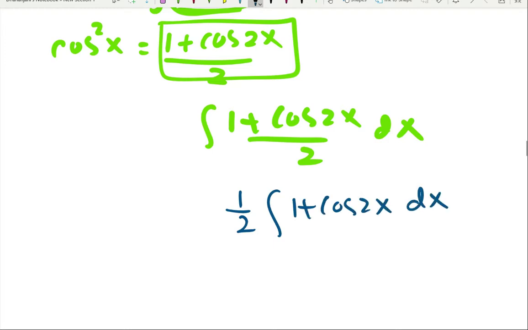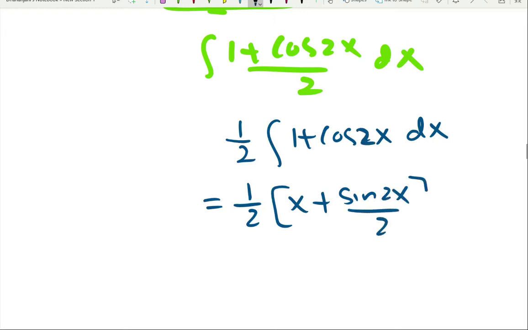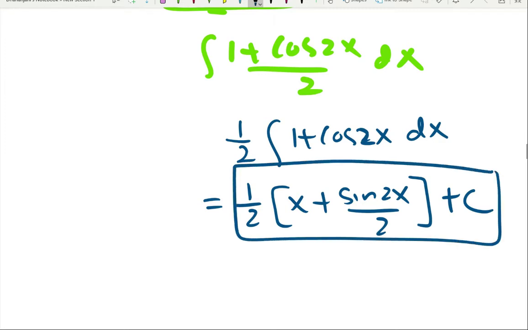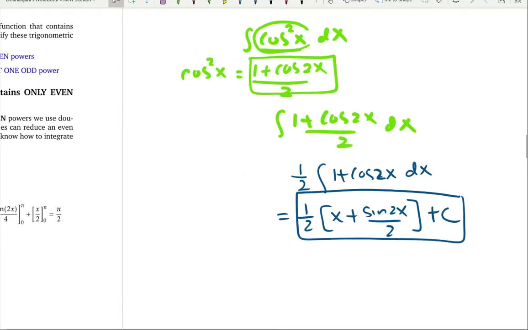Now let's integrate. If you integrate 1, you get x. If you integrate cosine 2x, you get sine 2x over 2, because of the 2 inside we divide by 2, plus C. Do you see what's going on? Because we have an even power in the trigonometric function, we can use double angle identities and get cosine to the power 1.